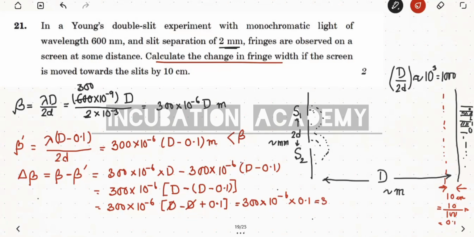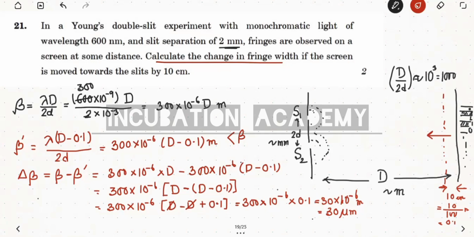It is 30 into 10 to the power minus 6 meter, that is 30 micrometer. So the fringe width is changed by 30 micrometer if you shift the screen towards the slit by 10 centimeter in this particular arrangement.